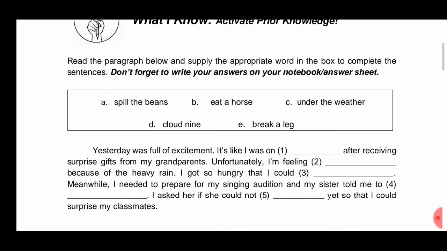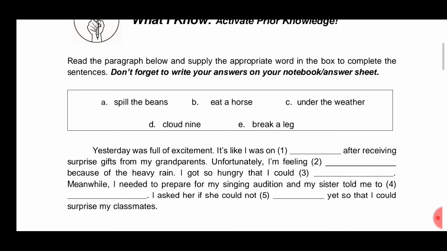Okay, so let's start now. I will just tell you the answer right now and then later on, I will be discussing why it goes like that. First, yesterday was full of excitement. It's like I was on Cloud 9, after receiving surprise gifts from my grandparents.